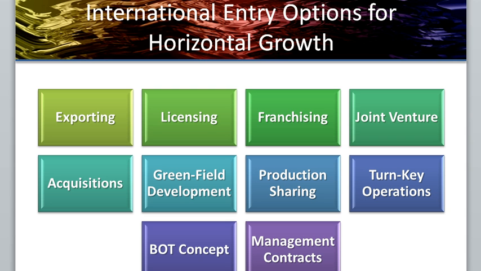In this case, you would build a local production plant and have a turnkey operation where all the equipment, materials, and supplies for the project will be there, and you can make the product directly as you would in your host country.